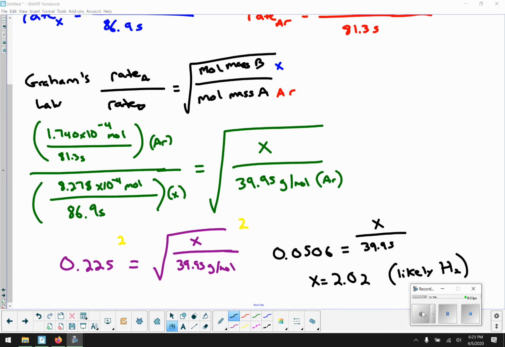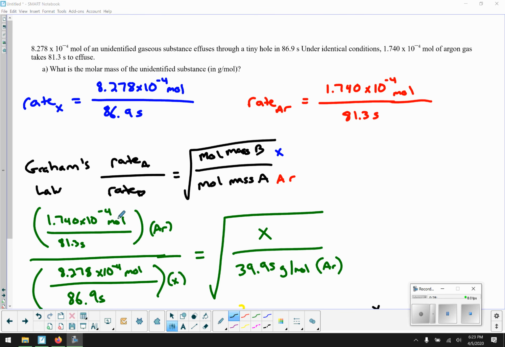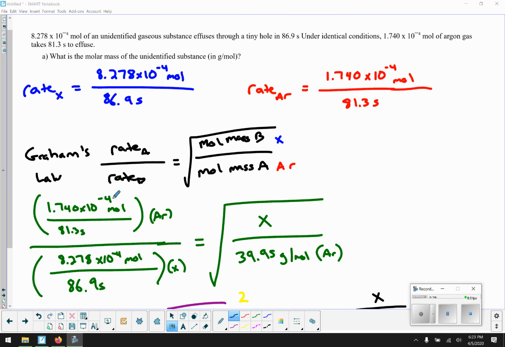Okay, so I have gone ahead and plugged in all the numbers to Graham's law, so that those two ugly rates, argon for A and my unknown for B, just so that my unknown will be on the top of the fraction on the other side, because that's what I'm solving for.